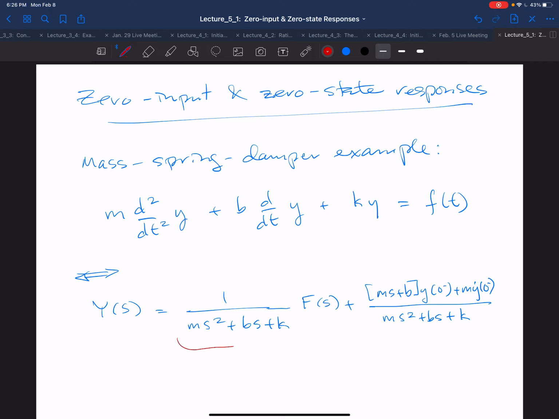This first term is what you would get if the initial conditions were all zero. Any initial condition that had any bearing on the problem was set to zero. For that reason, we call this term the zero state response, or you might say it's the transform of the zero state response.